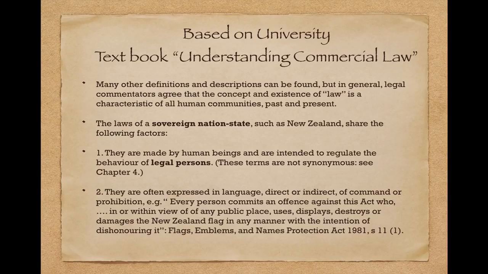And this comes from the Flags, Emblems and Names Protection Act 1981. So what they're telling you is if you are a legal person, you can be sued or whatever under their acts, such as the Flags, Emblems and Names Protection Act.